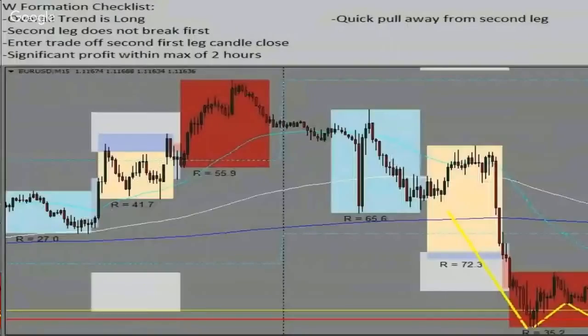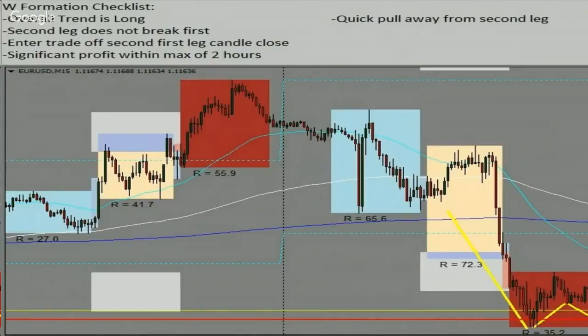All right. So I'm going to show you exactly what I mean. Right here, the overall trend is long. The thing is, I'm not able to show you the 3+ days because we're on the 15-minute chart, so it only shows one full day. But just believe me that the trend is actually long.